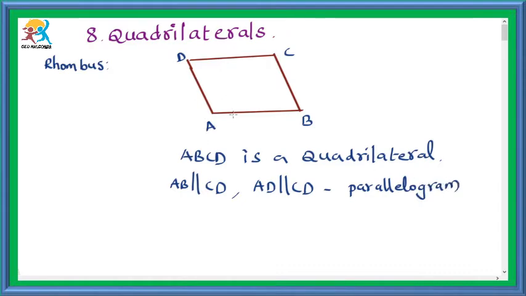And AB is equal to CD. That is equal to BC. That is equal to AD. Then this parallelogram is called a rhombus.